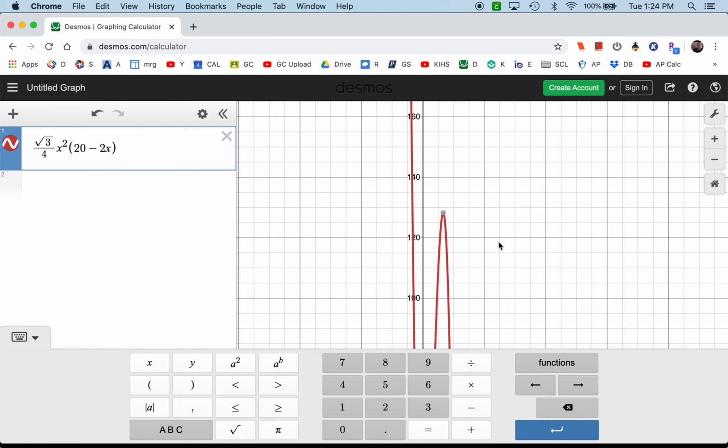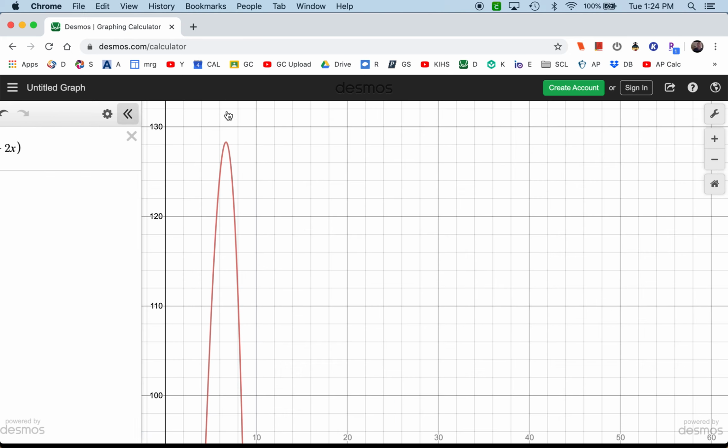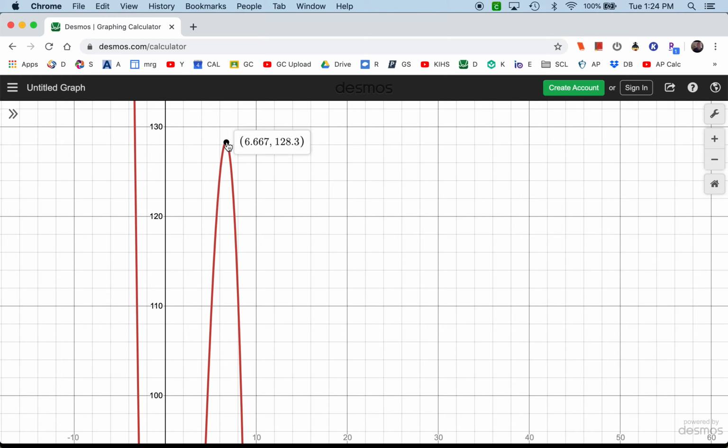All right. I can already see where that vertex point is. It's right here. And so now the question is, what x value would give you the answer that you're looking for, the maximum amount of volume? So in this case, the x value, I'm going to write it down here, 6.667.